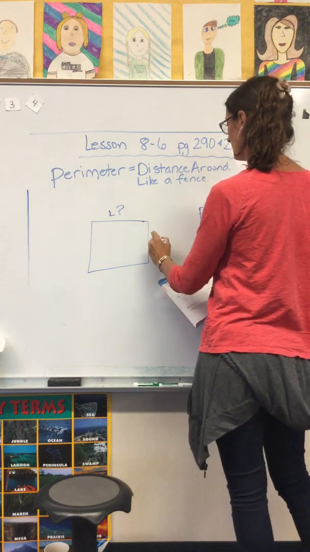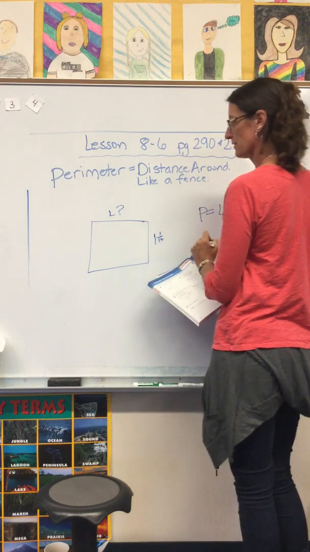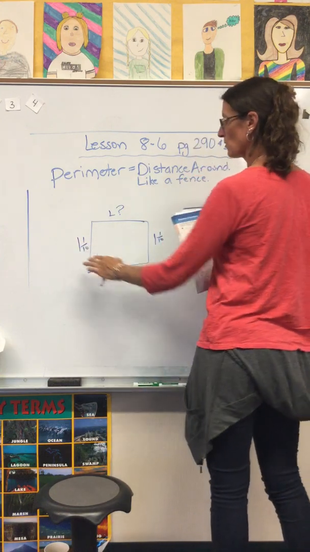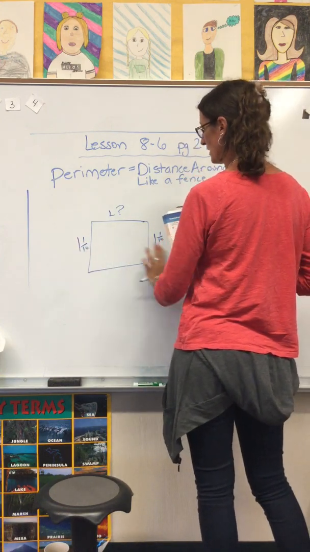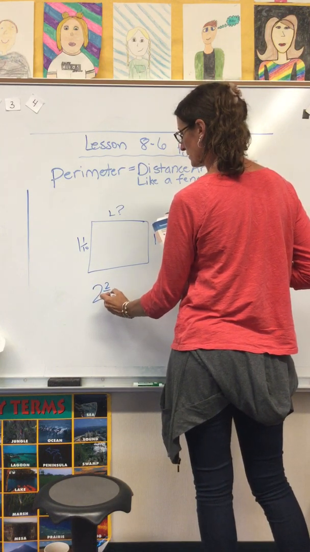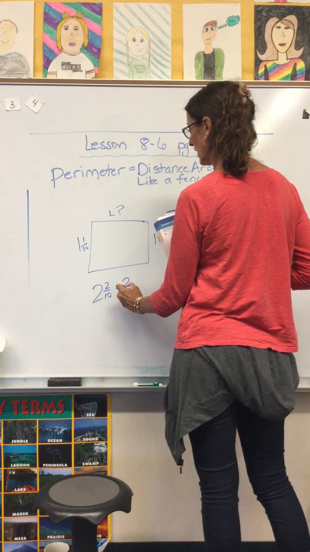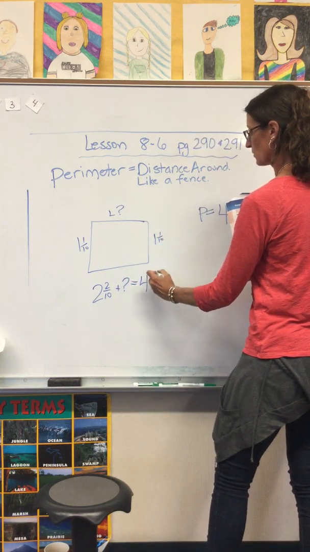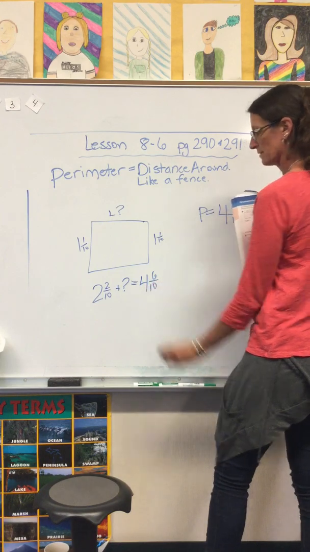So I know my width is 1 1/10 here, and 1 1/10 here. So I know that my 1 1/10 and 1 1/10, I have 2 2/10 plus what equals that 4 6/10.